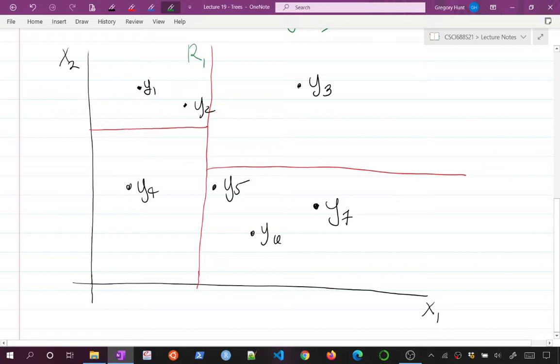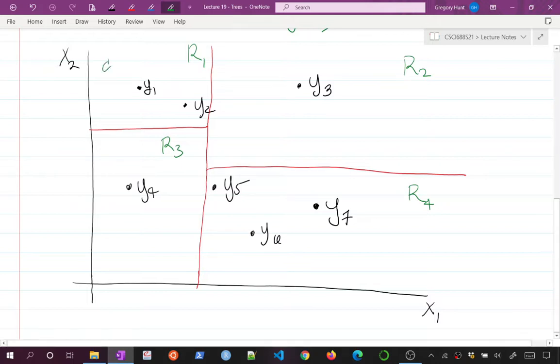I can name this R1 for rectangle 1, R2 for rectangle 2, R3 for rectangle 3, and R4 for rectangle 4. And for each of these rectangles, I'm going to predict some value. So I'm going to fit some model to my data. In the simplest case for a regression tree, our model is going to predict the average value of the y's in that rectangle.